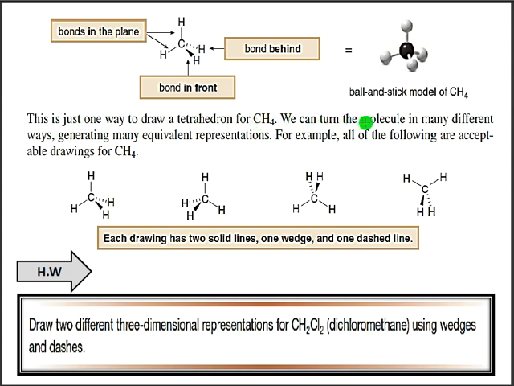We can turn the molecule in many different ways, generating many equivalent representations, like this ball and stick. And we have different representations here for CH4. All of them are right, but I want you to understand what the dashed and wedge bonds mean.